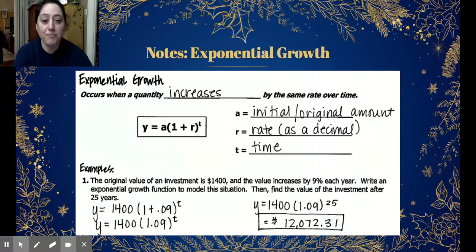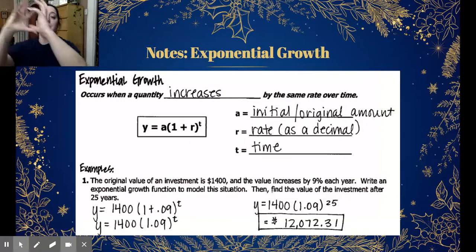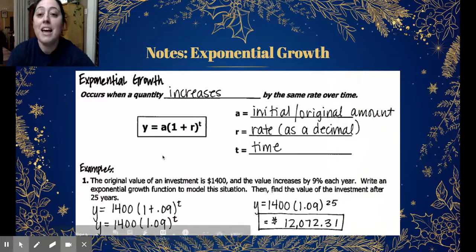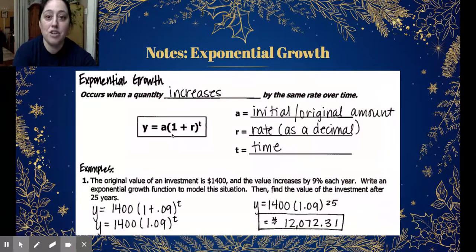In this equation, your A is your initial amount. In the example below, someone is investing 1,400 bucks. They just put their 1,400 bucks into a bank. That's their initial amount. The one is 100% of that initial amount, plus whatever percentage it's increasing.